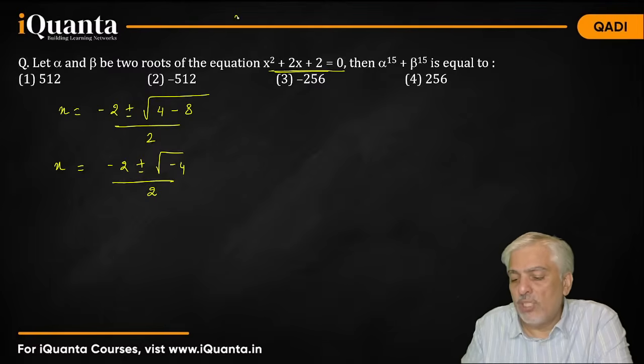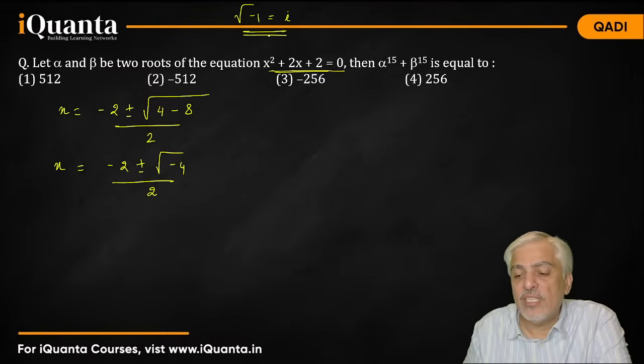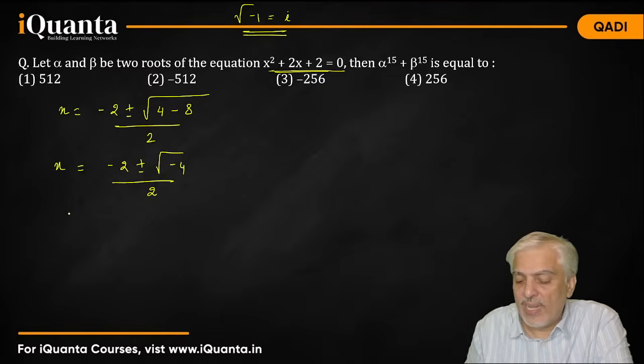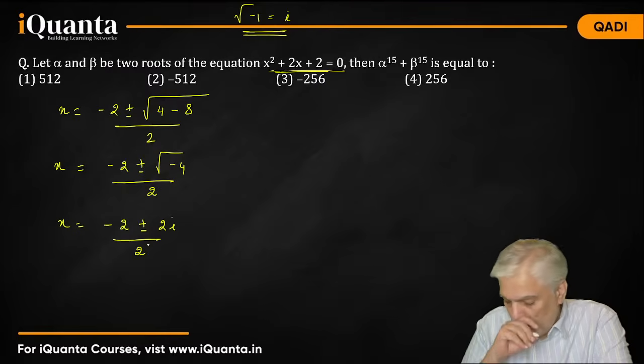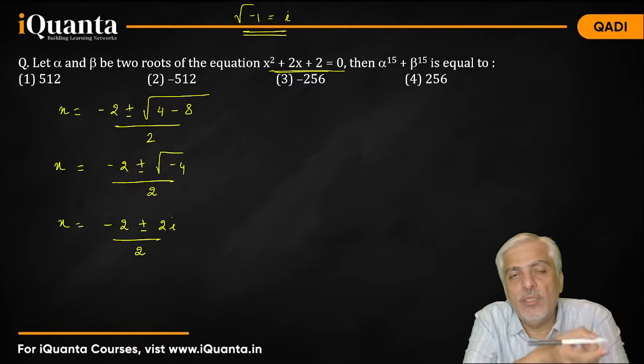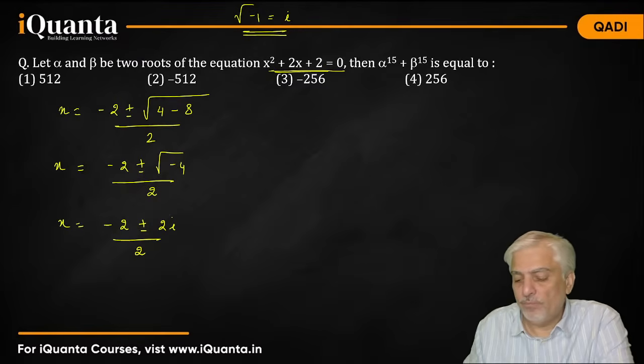Now, I'm sure you all know this. Root of minus 1 is I, imaginary numbers. So I'll get x is equal to minus 2 plus or minus 2i upon 2. Root 4 is 2. Root of minus 1 is I. Divided by 2.